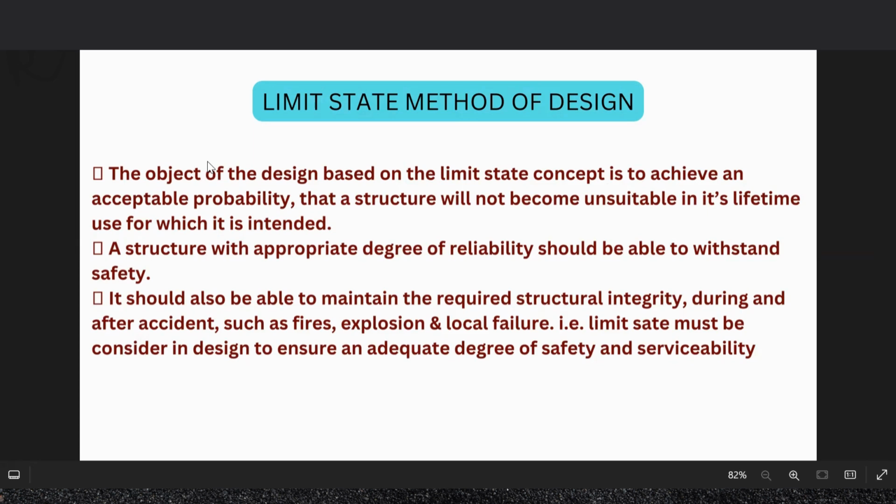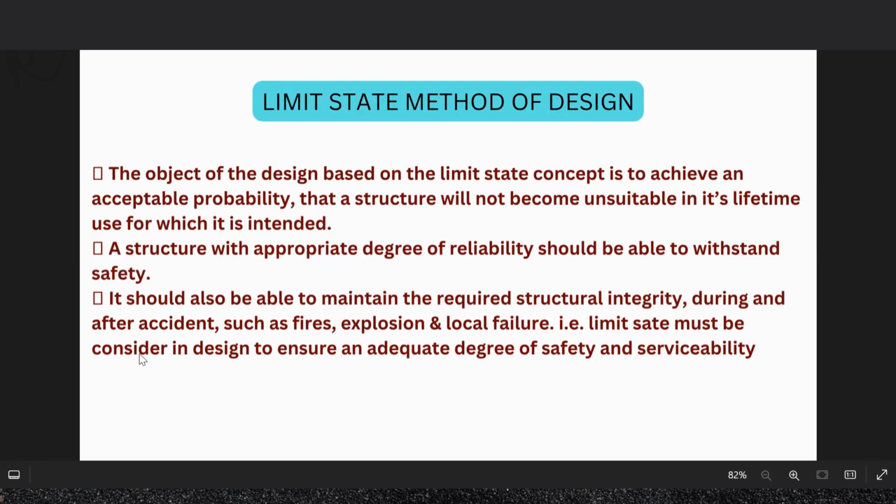If your bending moment is below that, like 90 or 84 or 85, then it is okay. This is a simple example to explain what the limit state is. Okay, so the object is very clear.